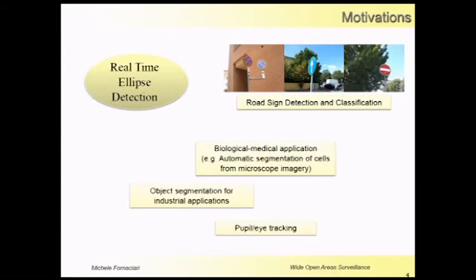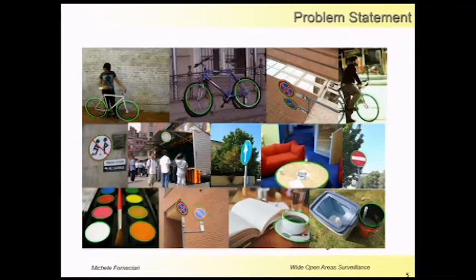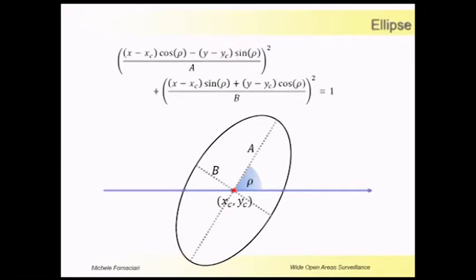Moreover, ellipse detection is very important in pattern recognition because, for example, you can do roadside detection or eye tracking. So in general, I want to detect ellipses in images, and also in images taken from the camera of a mobile device in real time.